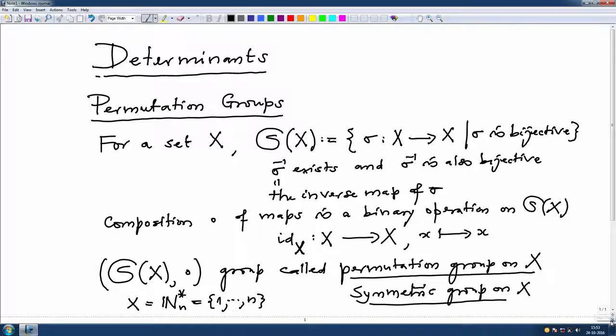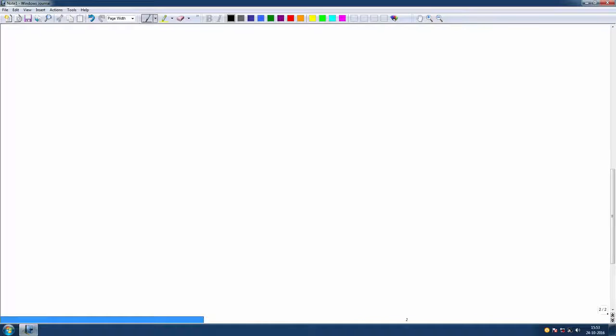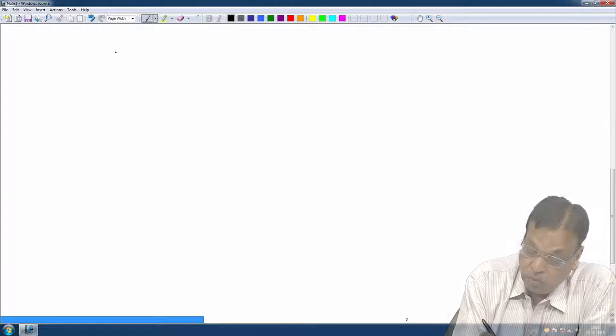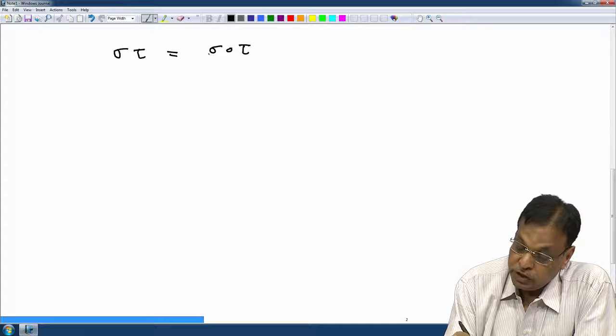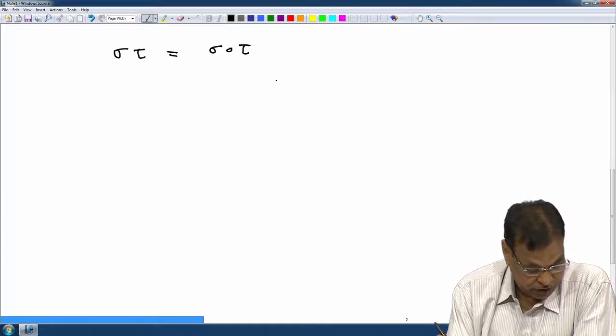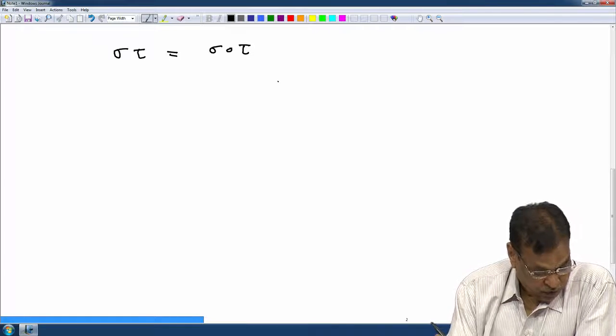A little word about these notations. A very important thing which I want to bring to your notice is that I will simply write sigma tau for sigma composed with tau, and we will apply tau first and then sigma. This is from right to left, which is against our way of writing.